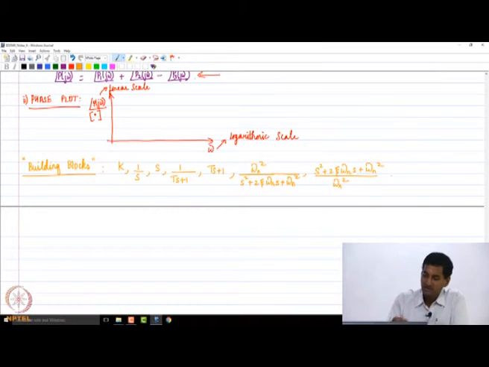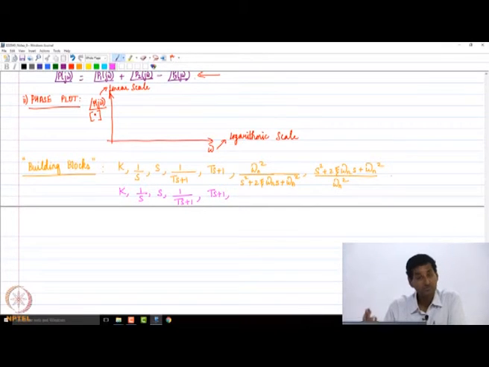So essentially we can have a constant, we can have 1 by s, which is like an integral, s which is like a derivative, and then 1 by ts plus 1 and ts plus 1 as the first order factors. And we can have second order factors with complex conjugate roots of this form, both in the denominator and the numerator.